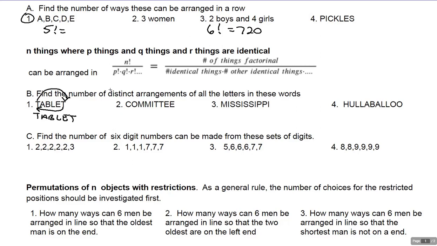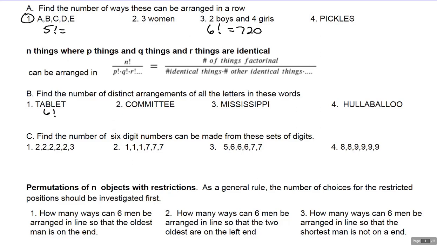What happens is when we have duplications, it causes us to have fewer permutations available. Because if I switch these two, it doesn't really change anything. It still spells tablet. So how many things do I still have? 6. And so that's going to be 6 factorial.